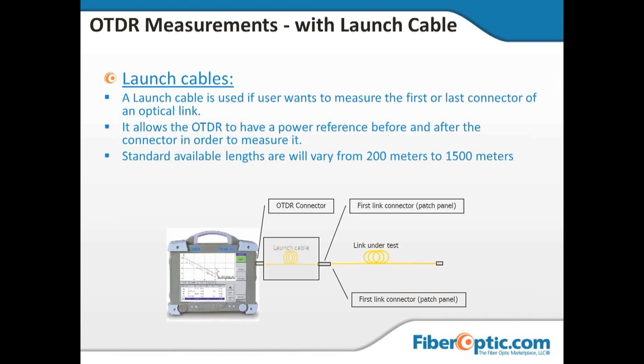It's not a dead zone eliminator or any of that voodoo sounding stuff. It's simply a straight piece of glass that allows me to measure the loss of my patch panel. If I don't have a serious need to measure that loss, I don't have a serious need for a launch cable or a launch box.